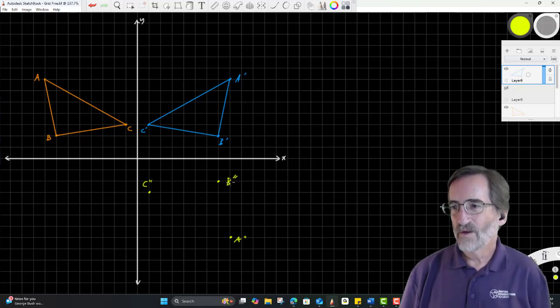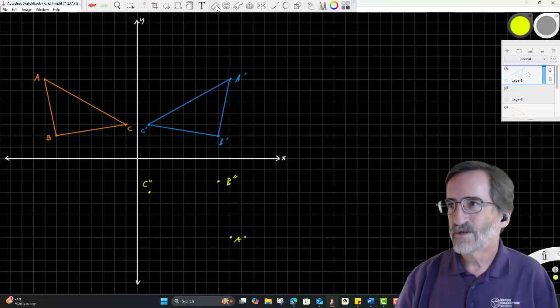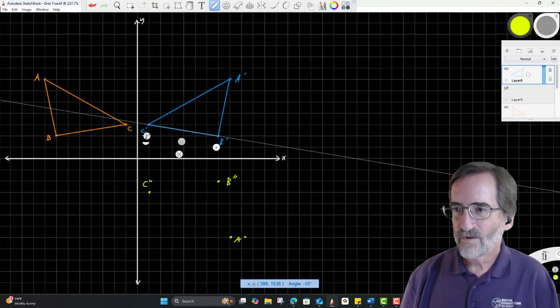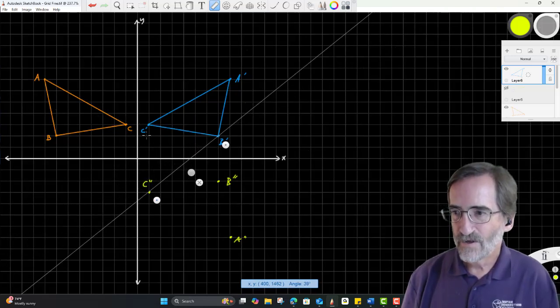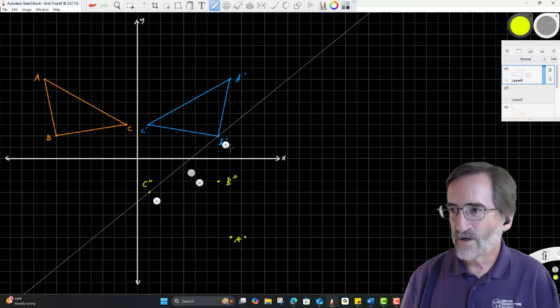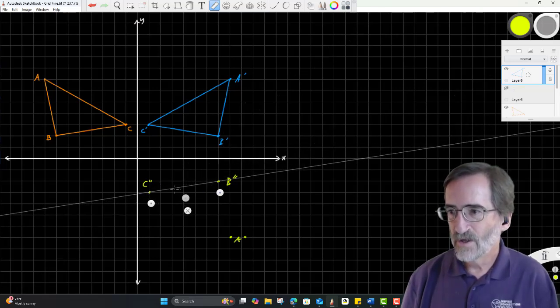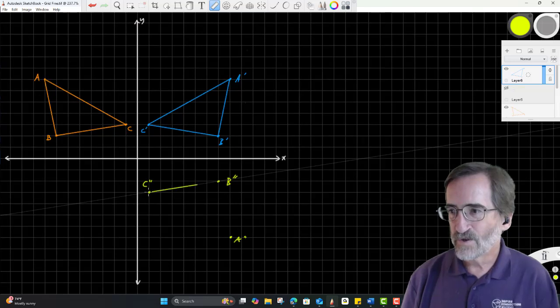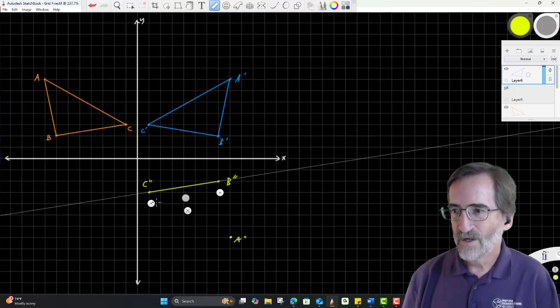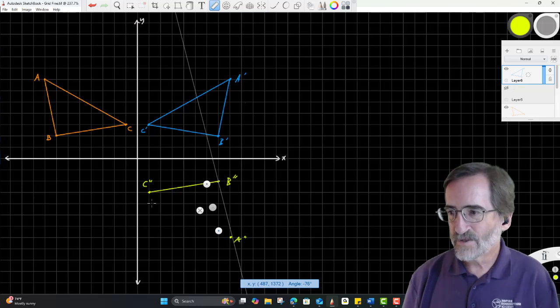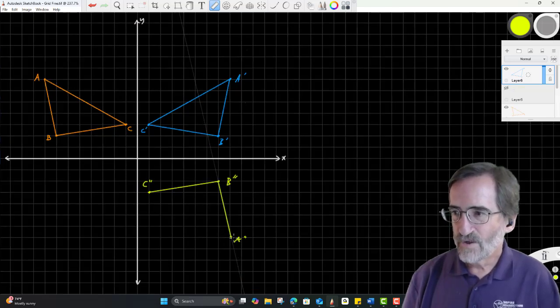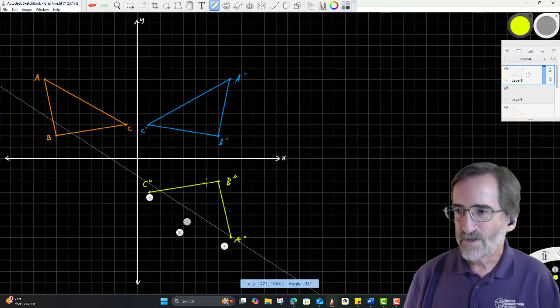Okay, and we've got the final image. Again, we conducted reflections, which are rigid transformations, so the resulting image is congruent to the original. That is, it has angles that are the same and side lengths that are the same. But you may notice it's not a translation.